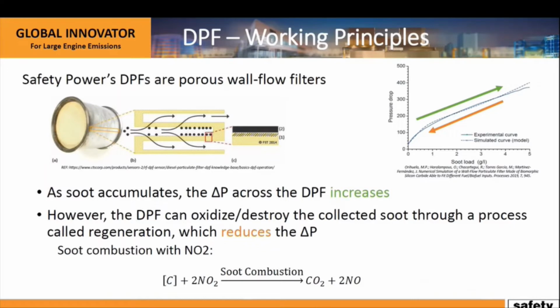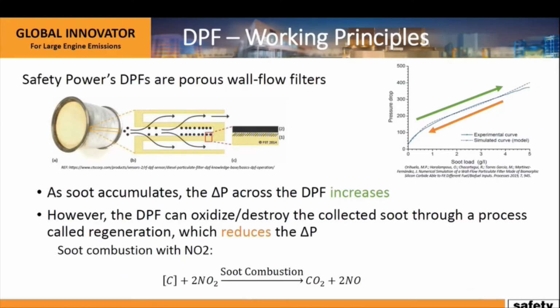Any solid particulates or even liquid particulates are filtered and captured on the surface, or will sometimes penetrate a little bit into the filter. And then over time, the particles will build up and form a thicker layer on the surface, which we call the cake layer.